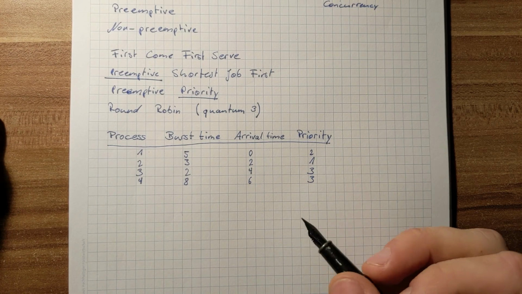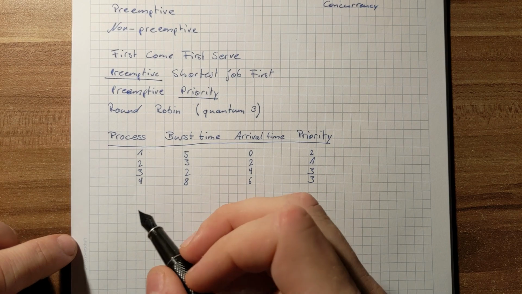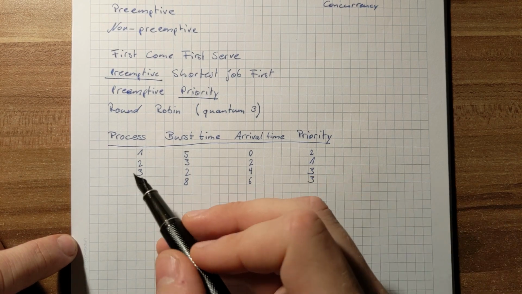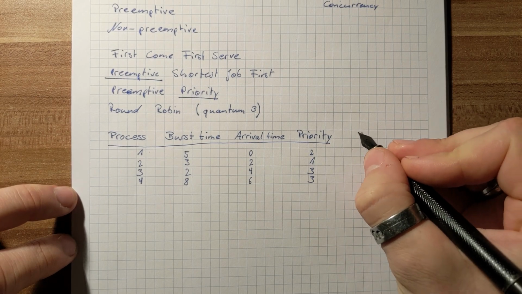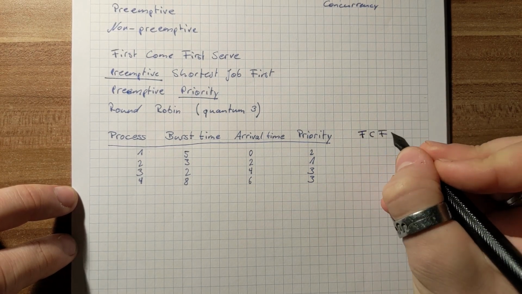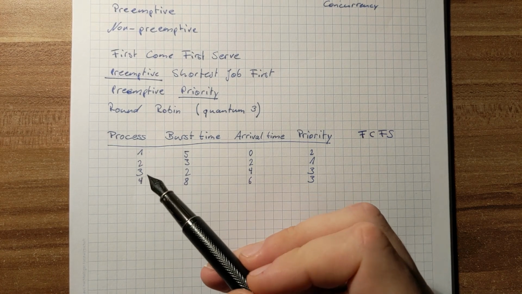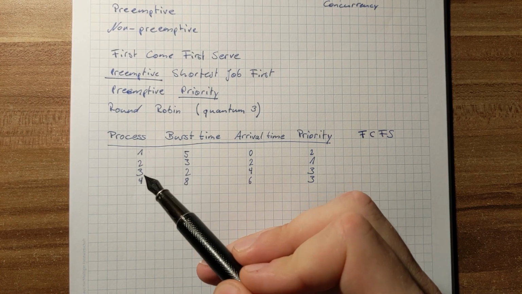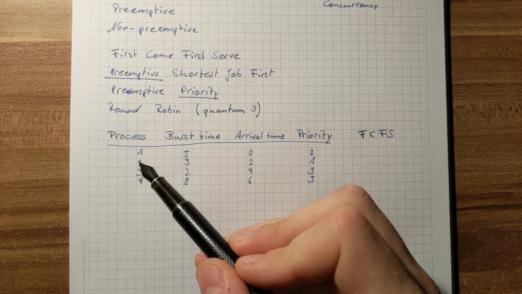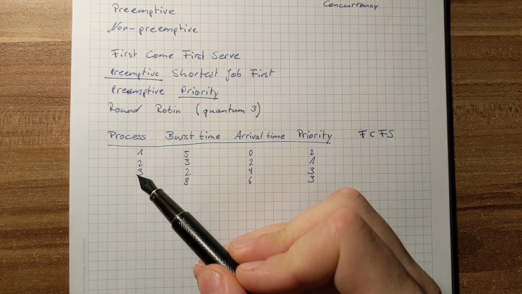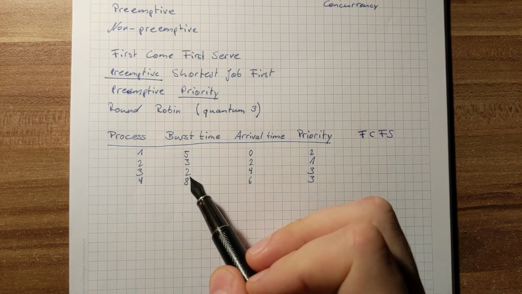Okay, so let's say we are presented with the following table, and then we are asked to schedule the jobs using first come, first serve. So what do we see here? We have our process number. In this case, it's ordered from 1 to 4, but that does not necessarily have to be the case. They can appear in a different order, but here we are lucky that the first process is also the one arriving first.